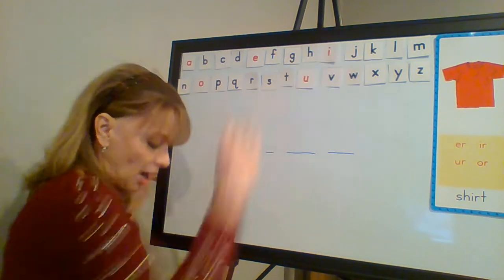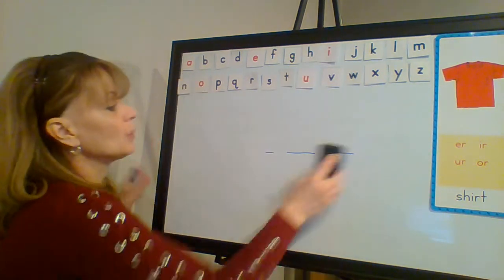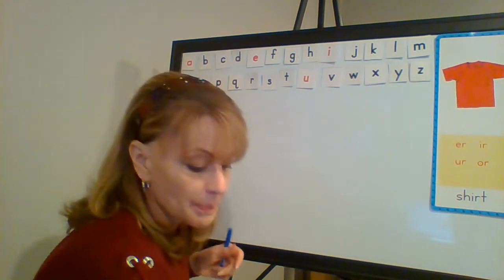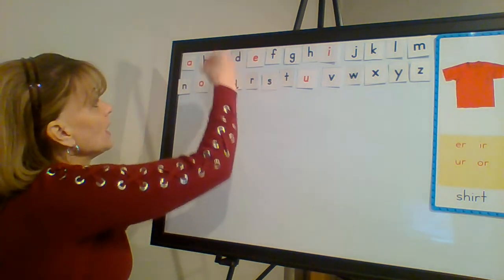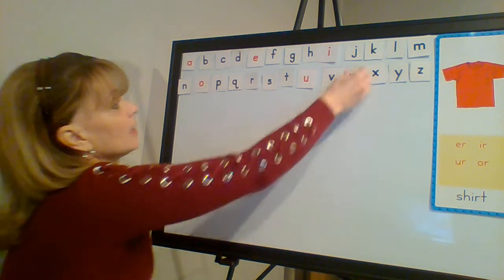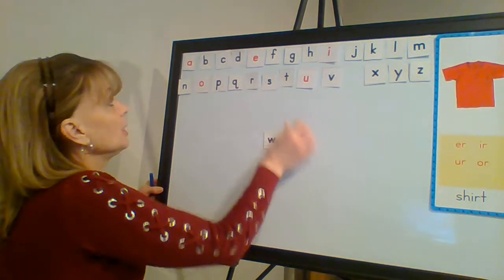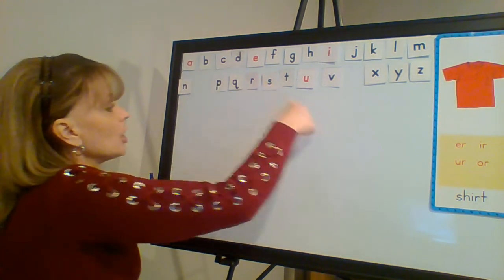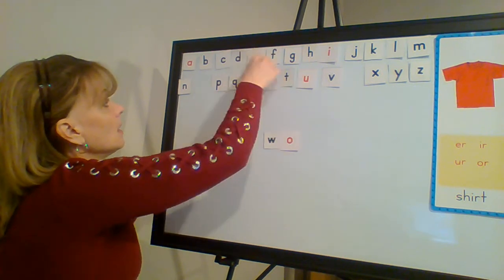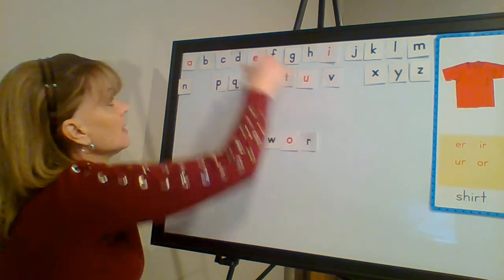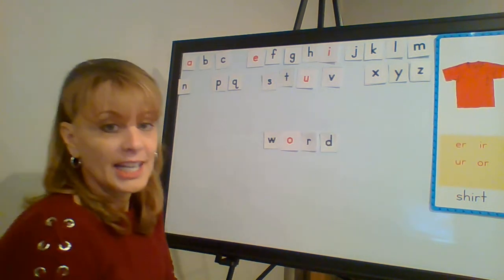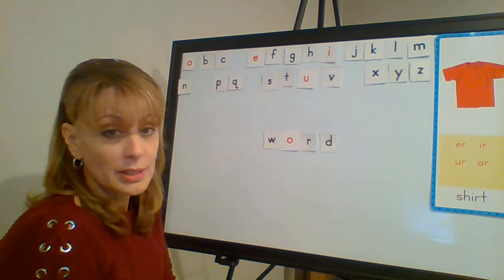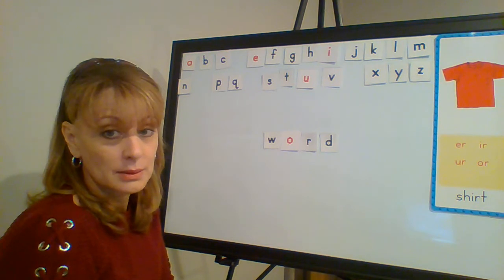These letters are awesome to use for your spelling practice. The next one we're going to do is the word word. So I have W-O-R-D, word. Can you change one letter to make worm? Worm.